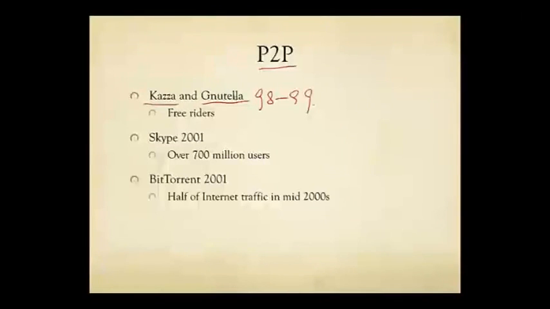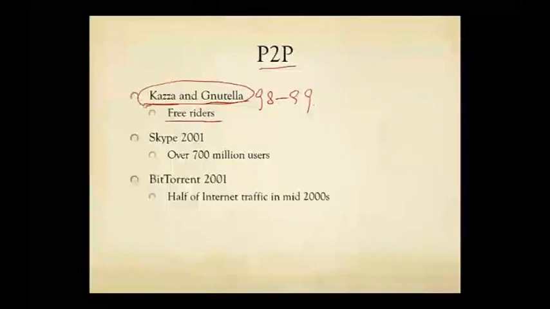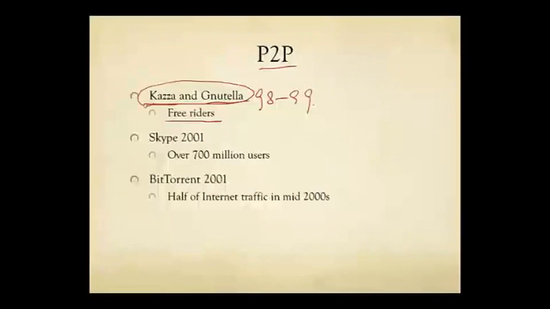But they also face a few problems, one of which is copyright issues, because a lot of content on these P2P networks violated copyrights. Another is the issue of free riders. A lot of users do not contribute content or bandwidth, and yet they consume from others. These are, if you will, the first generation of P2P networks on top of the internet.